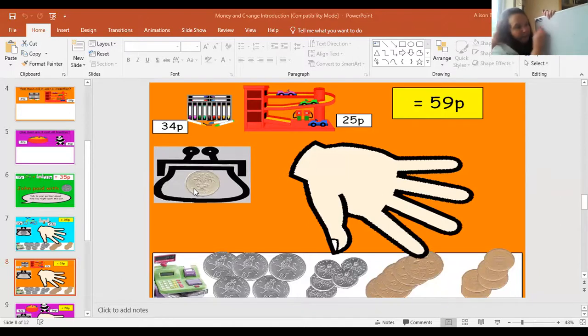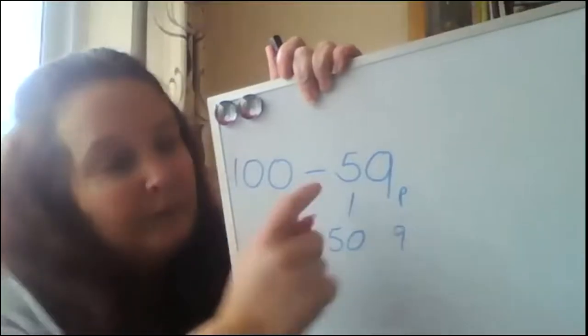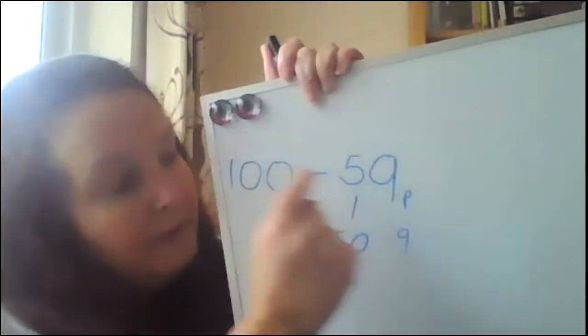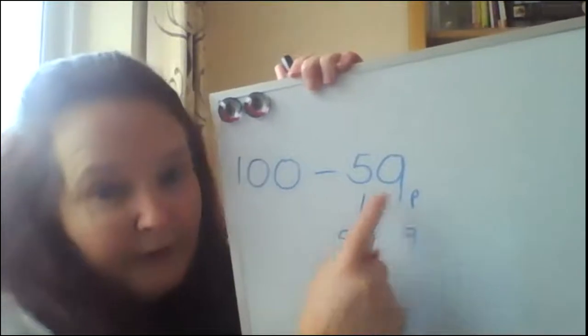He's spending 59p, and I know £1 is 100 pennies. So this time I can either put £1 or I can put 100. Take away 59p. Now I know 59 is the same as 50 and 9. Do you see how I've partitioned it there? Okay, so I've got my 100, take away 59.